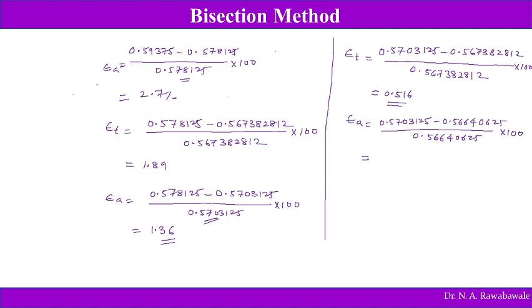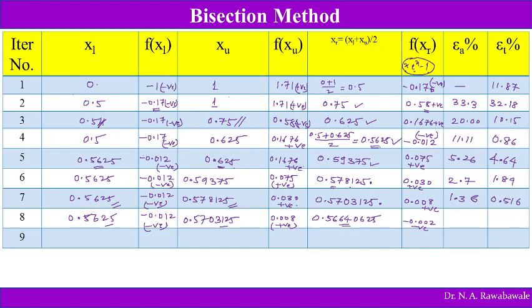On simplification, the approximate error is going to be 0.68%.